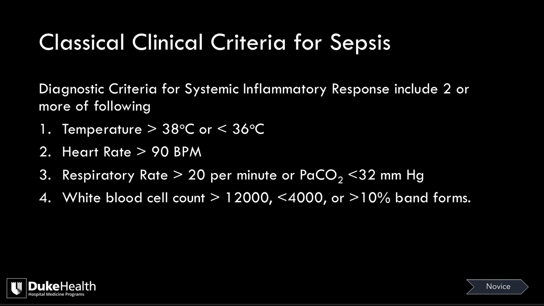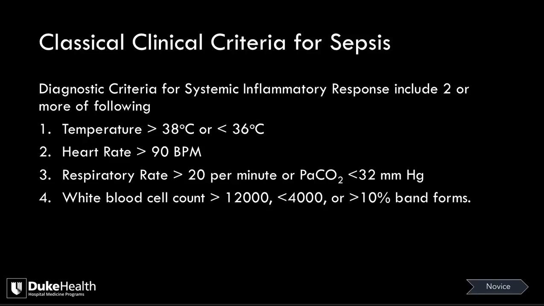So we're going to move on to what I would call the classical clinical criteria for sepsis. This has long been an area of testing for medical students and residents, the 4 criteria of systemic inflammatory response. These are best noted as a temperature greater than 38 degrees or less than 36, noting that hypothermia is oftentimes a stronger negative prognostic factor than true fever.